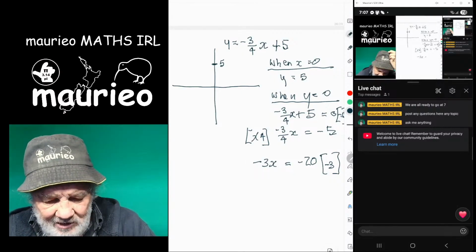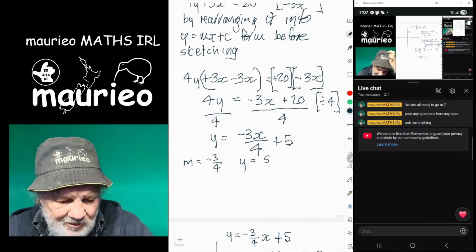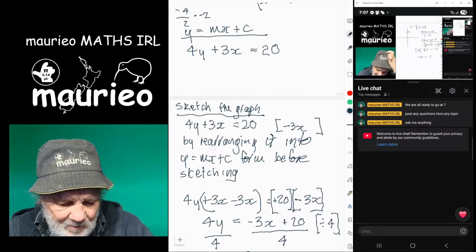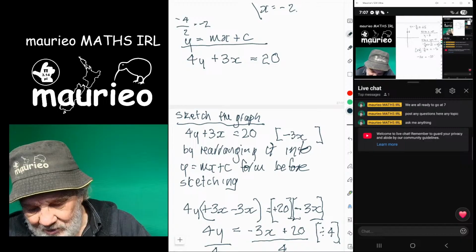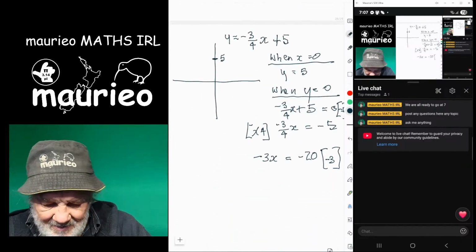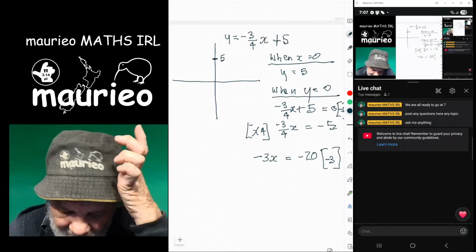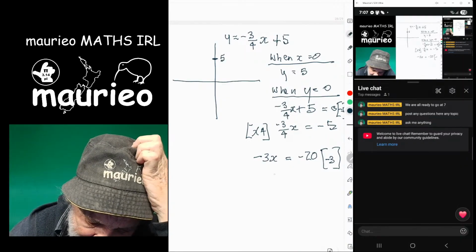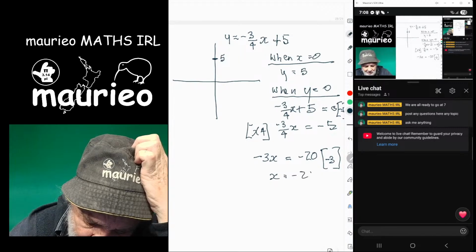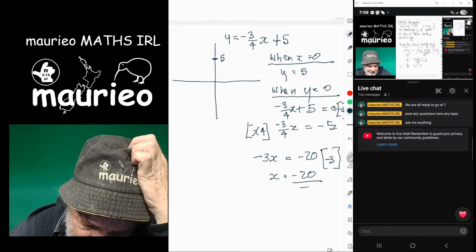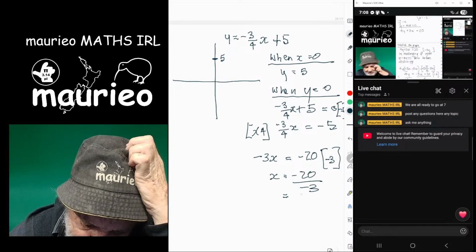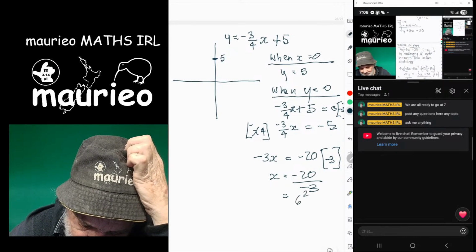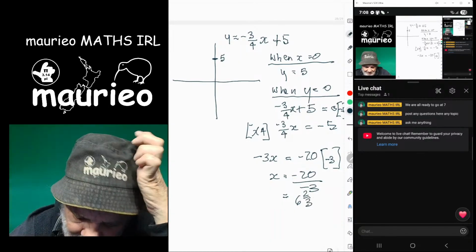And if we go right back to the beginning, we can see that if y equals 0, we get 3x equals 20. We divide through by 3, we get x equals 20 over 3, which is 3 sixes are 18 and 2/3.